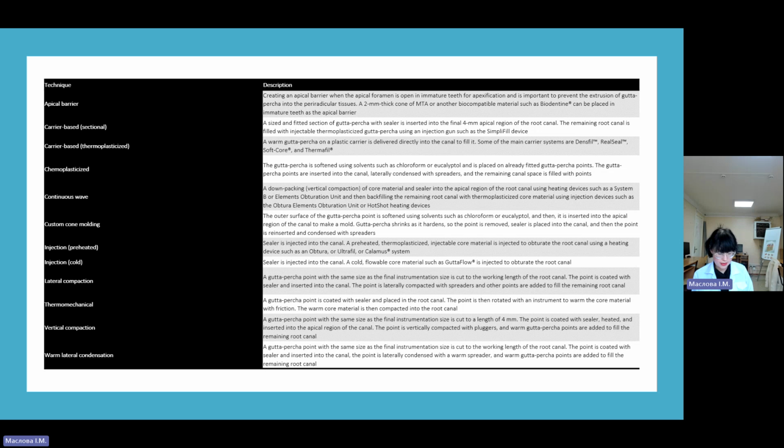The pH of unset hydraulic sealers is above 12, due to the formation of calcium hydroxide and subsequent dissociation into calcium and hydroxyl ions. When mixed with water, a matrix of calcium silicate hydrate and calcium hydroxide is formed, which hardens with time. The calcium hydroxide is then released, which has been linked to bioactivity.